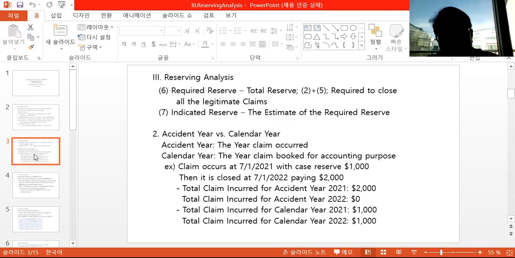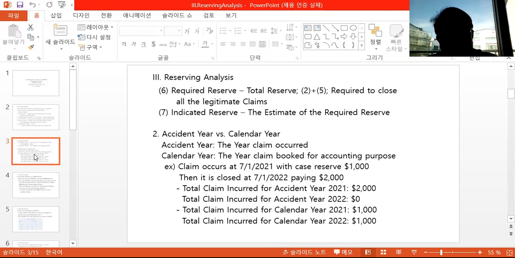But the total claim incurred for accident year 2022 is going to be 0, because no claim was incurred in year 2022. But on a calendar year basis, the total claim incurred for calendar year 2021 is going to be $1,000, and the total claim incurred for calendar year 2022 is also going to be $1,000.